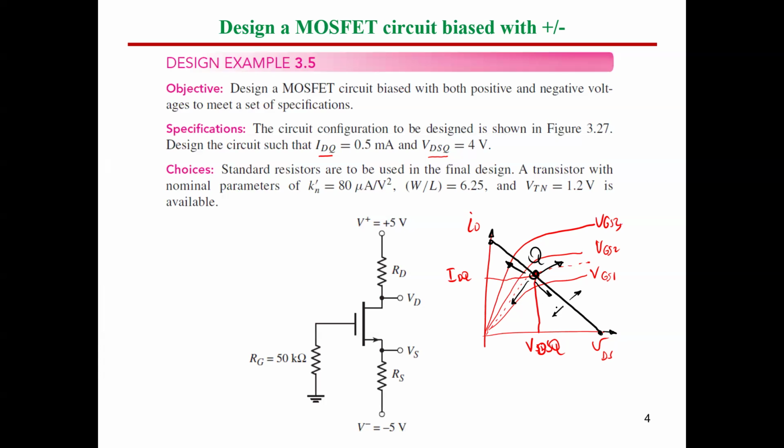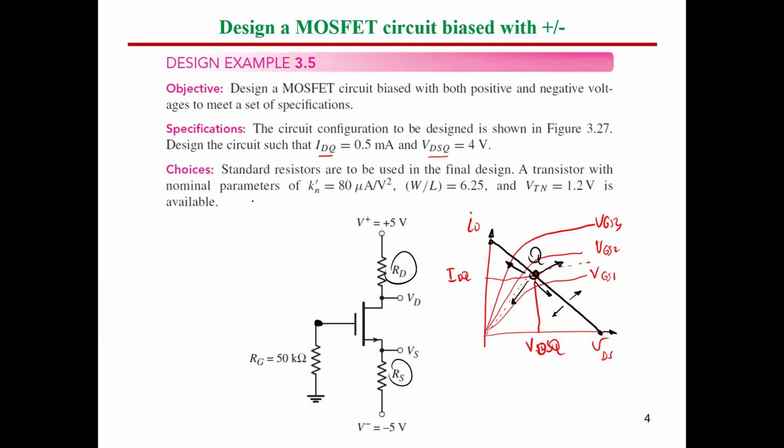Okay, so all of these are design process, and all of these depends on the values that we will use to make the design. Like what? Like the value of RD, value of RS, and two other values, guys, which will control the VG. It's not exist here in this circuit for this example, but later on you will see like R1 and R2 in the previous examples. Okay, so we will see this together. But for this circuit, for the time being, we need to achieve a certain drain current and drain to source volt.